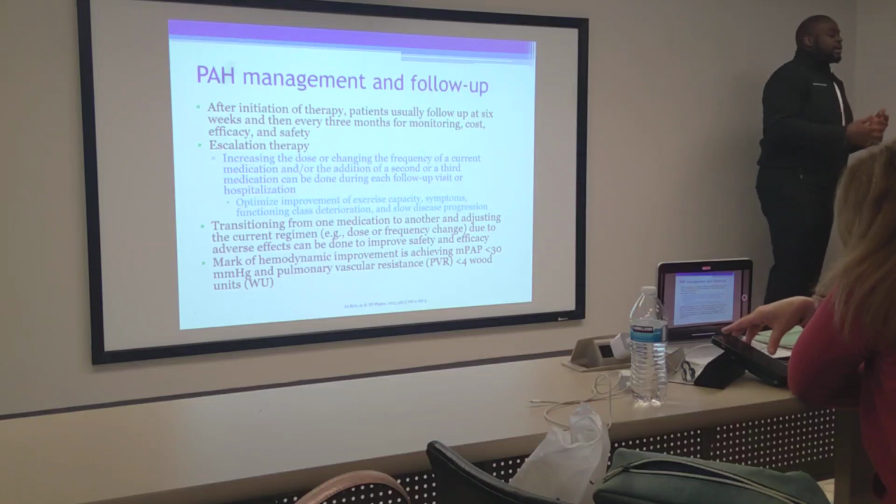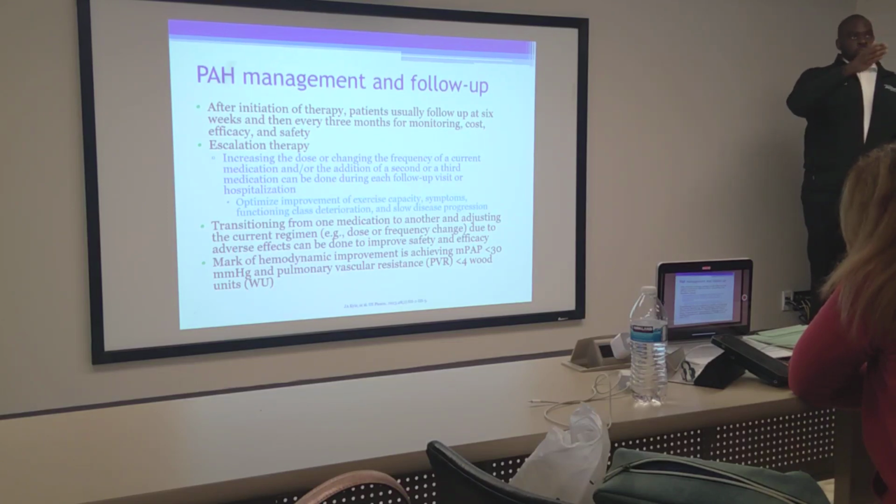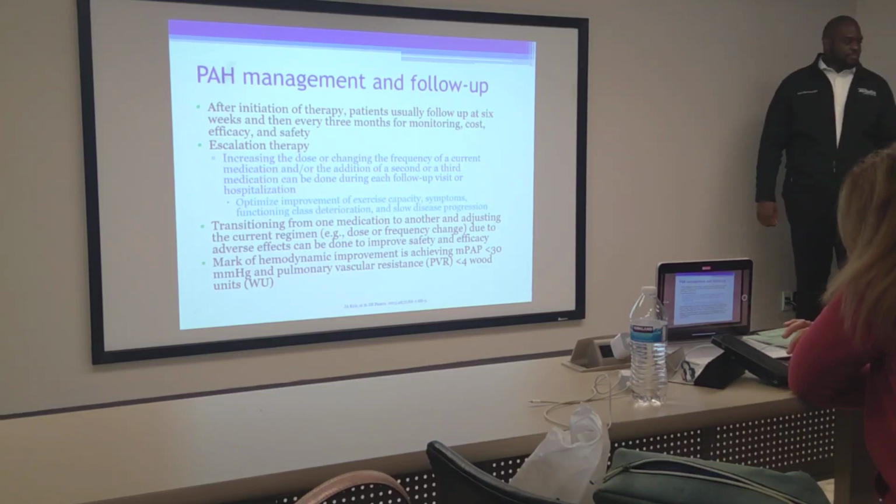Now, knowing that we are optimizing improvement of exercise capacity and symptoms, and watching for functional class deterioration, so going from FC2 to 3, we try to slow that down and halt it, and also slow disease progression as well.